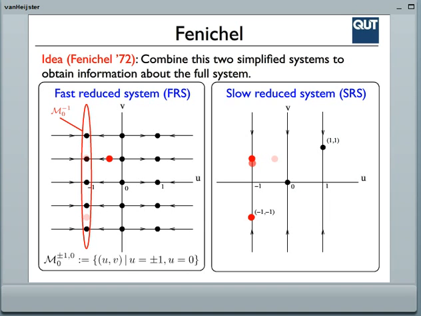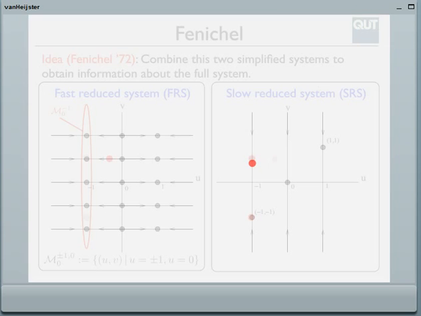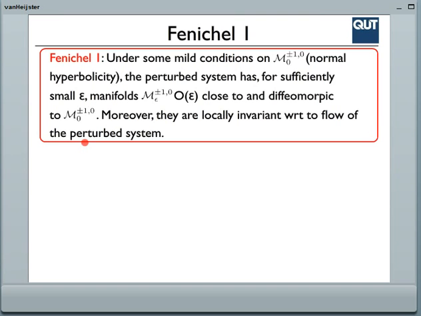So Michel wrote this down in Turing. Under some mild conditions of this manifold over here, namely normal hyperbolicity, so you cannot have eigenvectors from the system, when we turn on epsilon, as long as epsilon is small, it also has some manifold, and these manifolds over here, they persist.